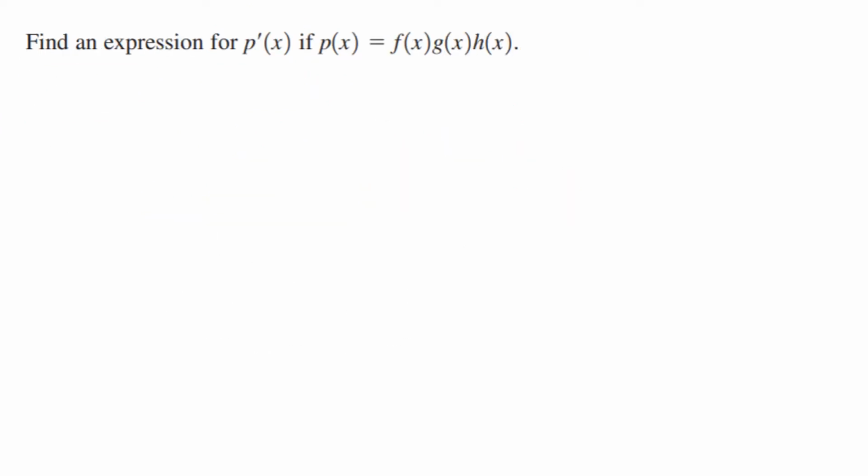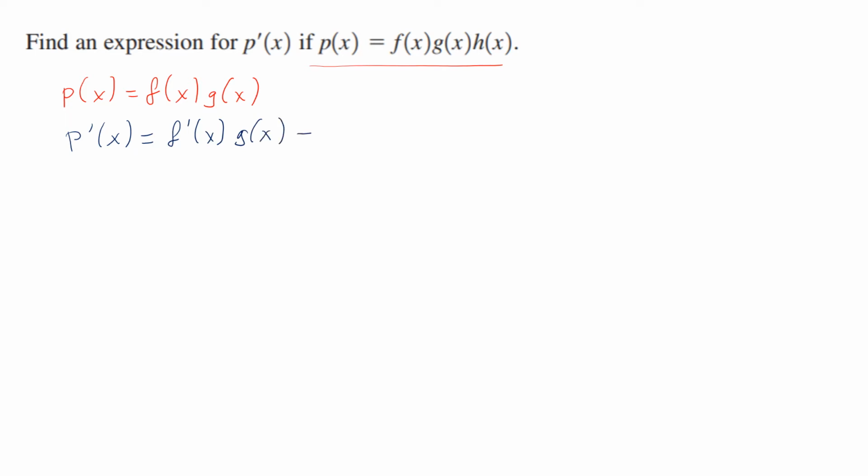So what if instead of having two functions, which is p(x) equals f(x)g(x), you had three functions like this? It's easy when you think about the concept. What we did when I had p(x) equaling f(x) and g(x), we said directly this would equal, when you take the derivative, I take the derivative of the first one, keep the second same, and then keep the first one the same now, take the derivative of the second one.